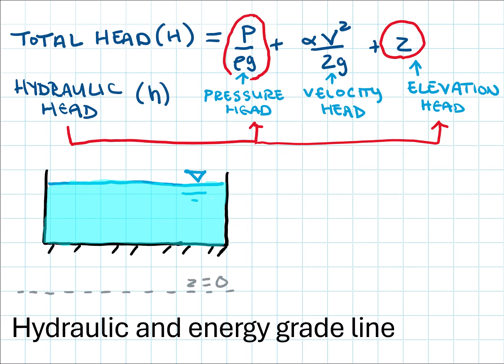So here is the channel bottom, right here, and it's located some distance above our datum. So if I measure that distance right here, that distance z is going to be our elevation head at this point in the channel.